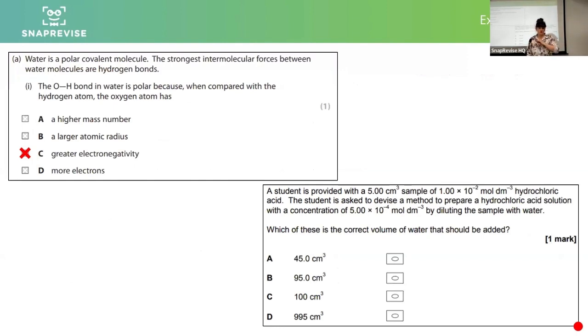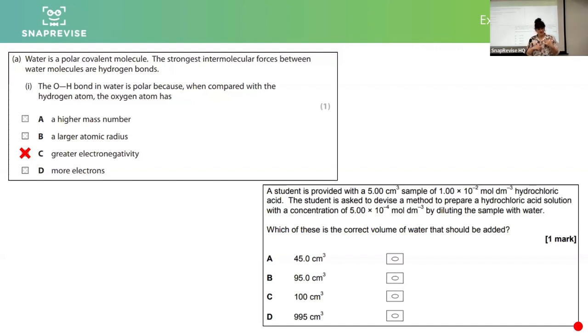But none of the rest of them have, well, more electrons does have an influence on electronegativity, or that our idea of polarity and dipoles and stuff. So that's in there as a little bit of a... what's the word? That's an answer that you might get confused with, perhaps.